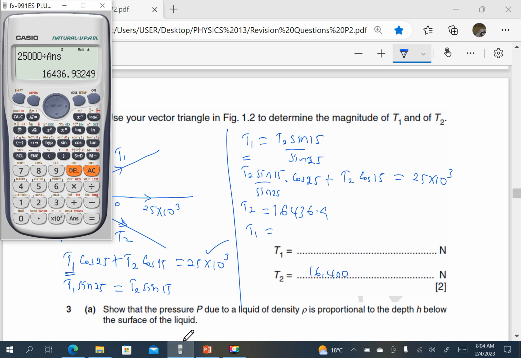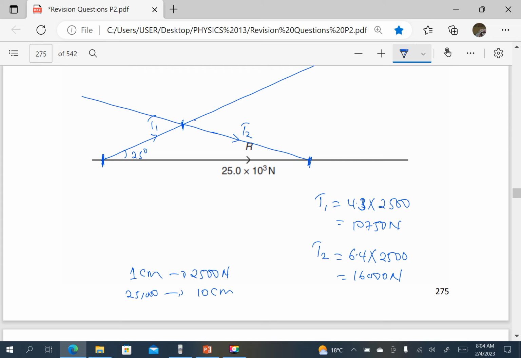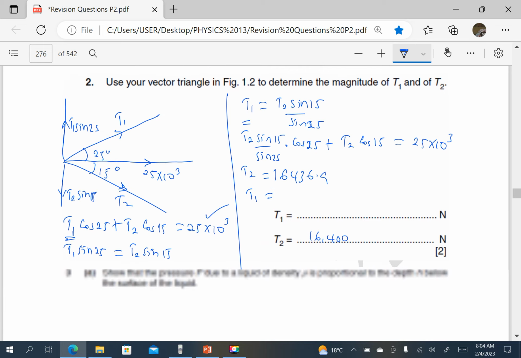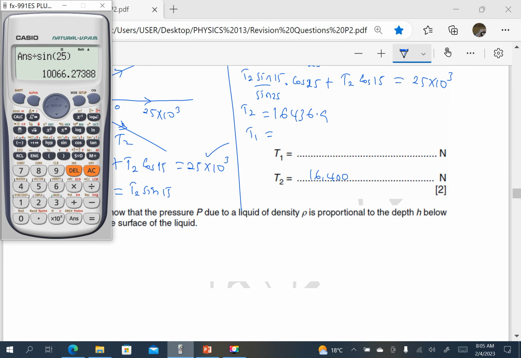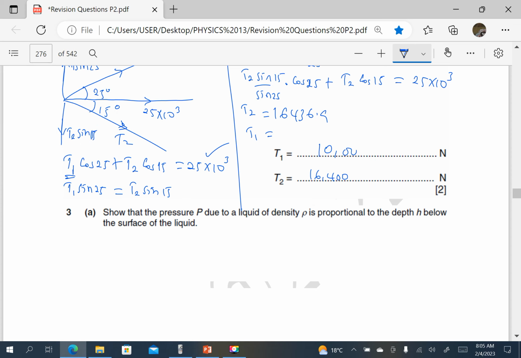T1 will be equal to that answer times sine of 15 divided by sine of 25, and we have 10,066. From the scale diagram we got 10,750, so this is approximately 10,000 newtons. So those are the values of T1 from resolving.